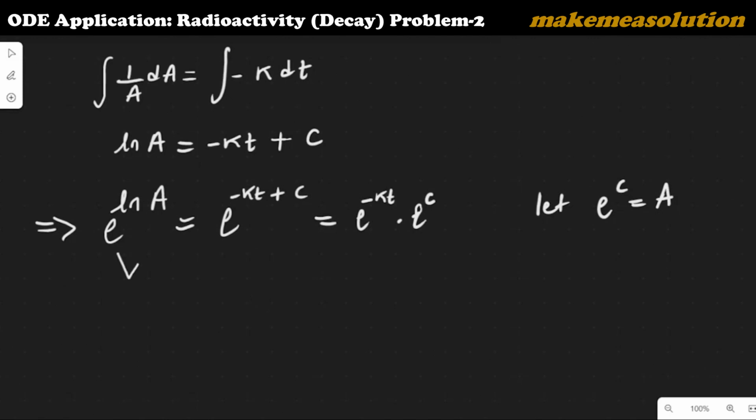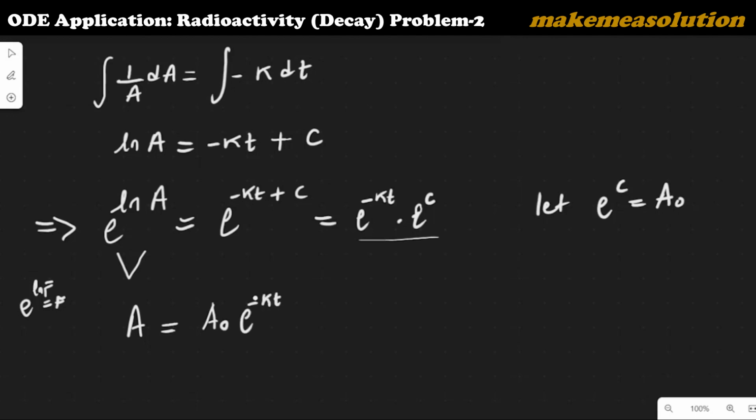So this left hand side now resolves to A. Remember, exponential ln F is equal to F. So exponential ln A is equal to A. Then exponential C, okay, I better call it A naught so that I'll not run into some confusion. So exponential C is A naught, then A naught exponential minus KT.